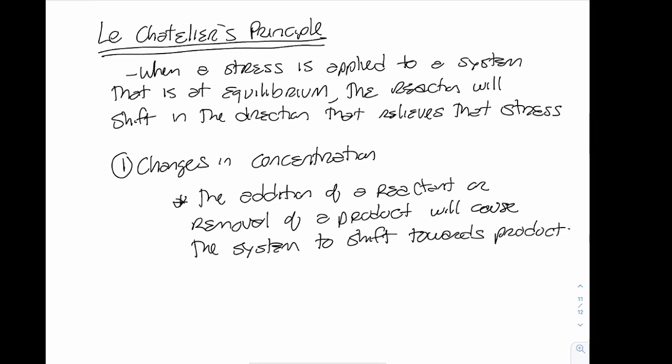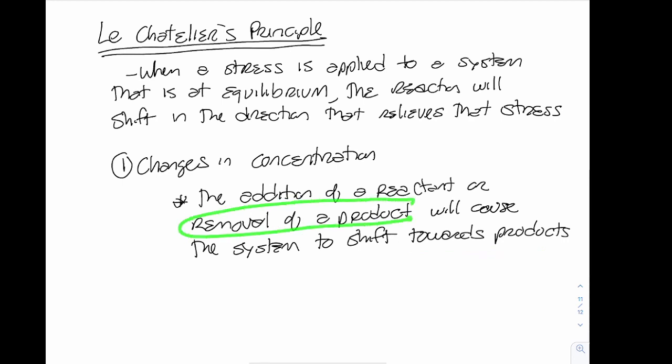I like to think about it as undoing what we did. I want that certain ratio. I want my ratio of products over reactants to always be the same. So if we add a reactant, we now have too much. So we need to decrease the amount of reactant, increase the amount of product. So we're going to go towards products.